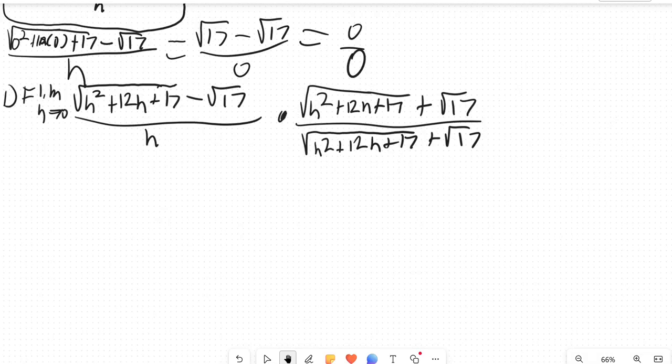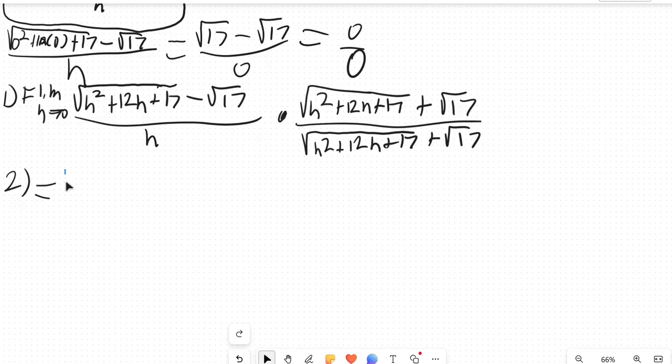Moving on to step 2, we will simplify our numerator, and when doing so, our square roots will cancel out. So we are left with h squared.